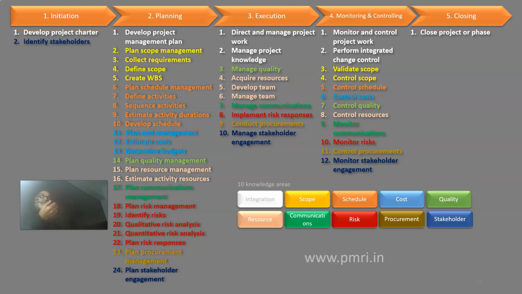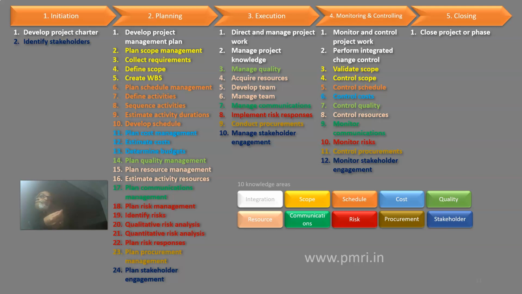That means during the execution time, sometimes change requests are raised. So in monitoring and controlling time, as part of controlling part, we perform integrated change control. Then we validate the scope of the final deliverable or whatever output is generated. Then we control the scope.